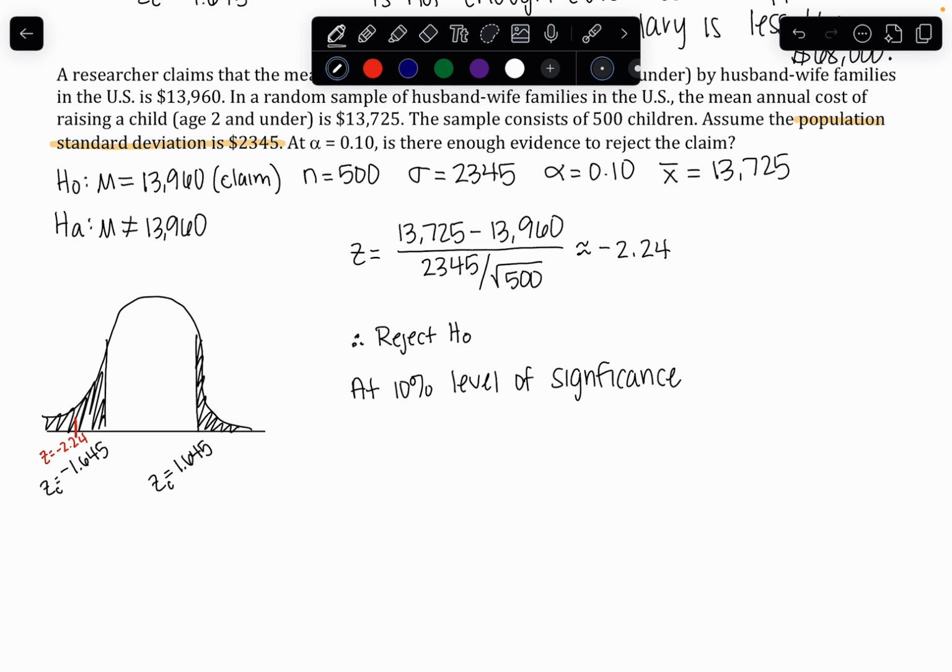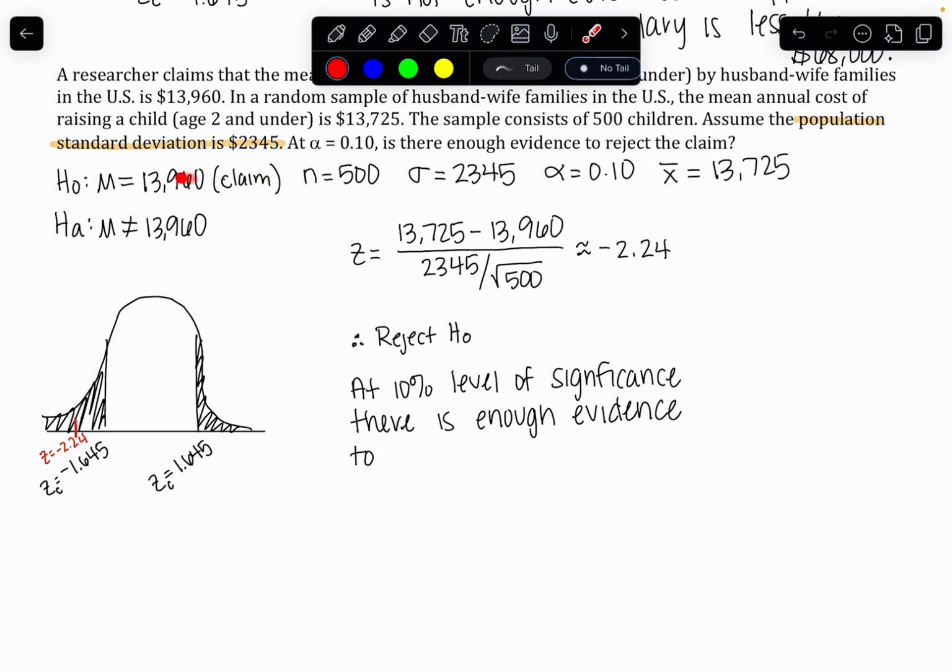Okay, we rejected our null hypothesis, so that means there is enough evidence. And then we need to go back and look at our hypothesis.